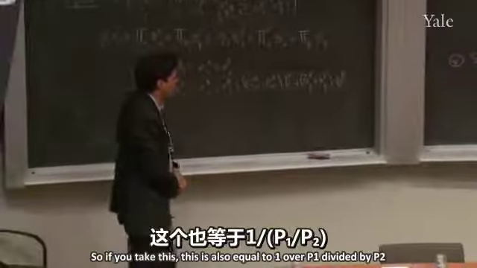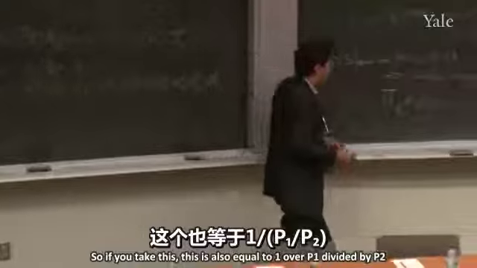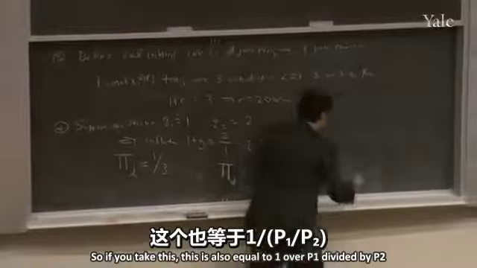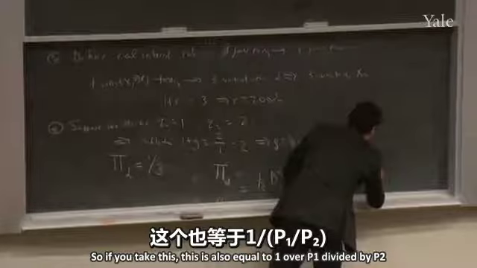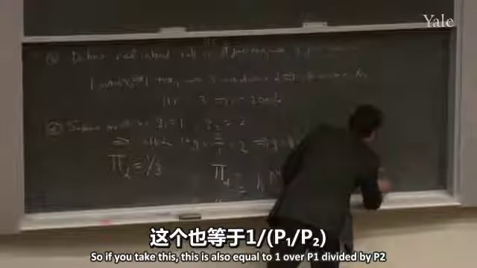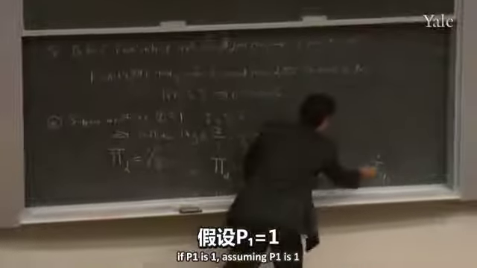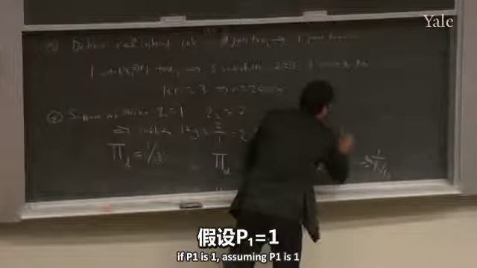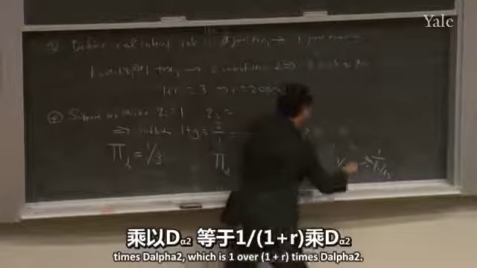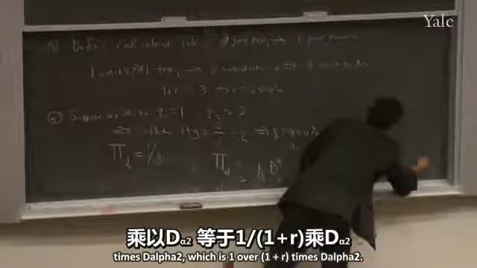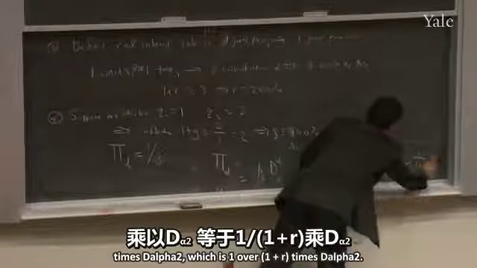So this is also equal to 1 over P1 divided by P2, if P1 is 1, so assuming P1 is 1, times d alpha 2, which is 1 over 1 plus r times d alpha 2.